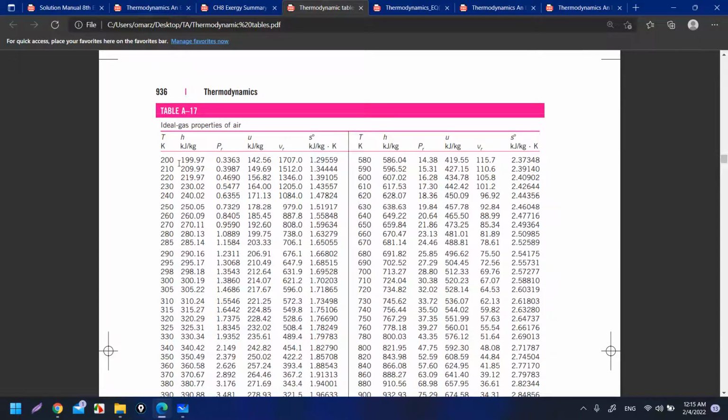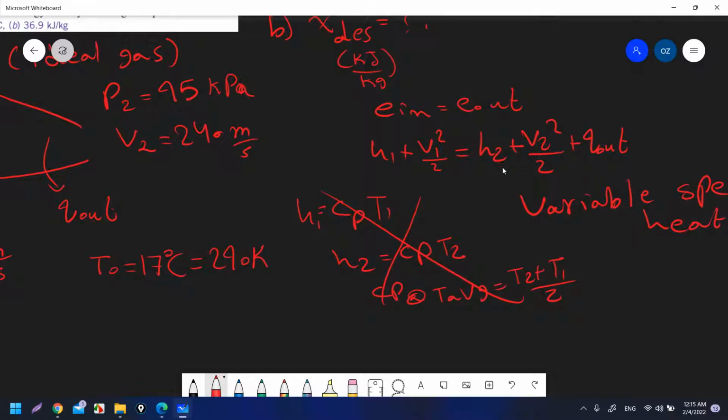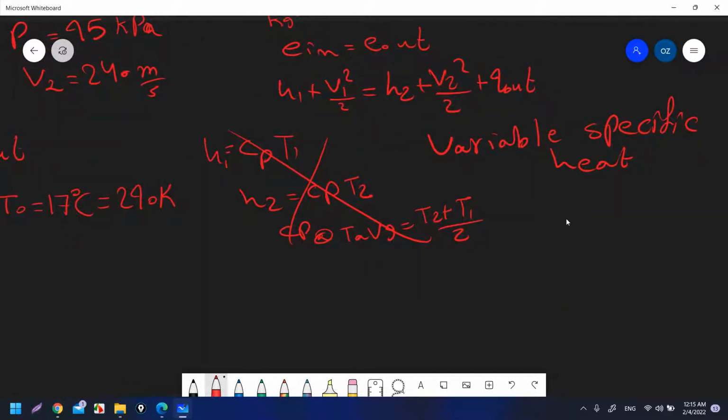So I have T1, I can get H1. And from H1, I can get H2 because I have already other things. Okay? From this equation, I can say that H2 after I get H1 is equal to H1 minus Q out plus V1 squared minus V2 squared over 2, and don't forget to divide by 1000 to make it in kilojoule per kilogram.